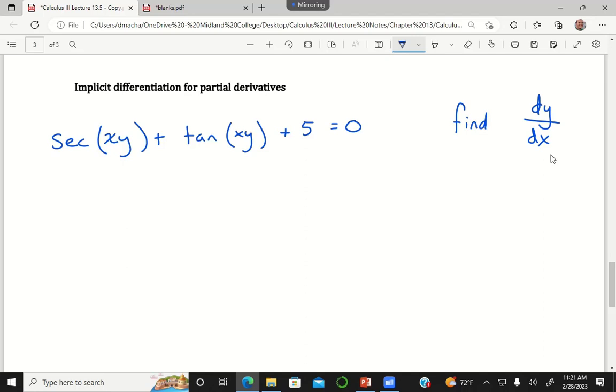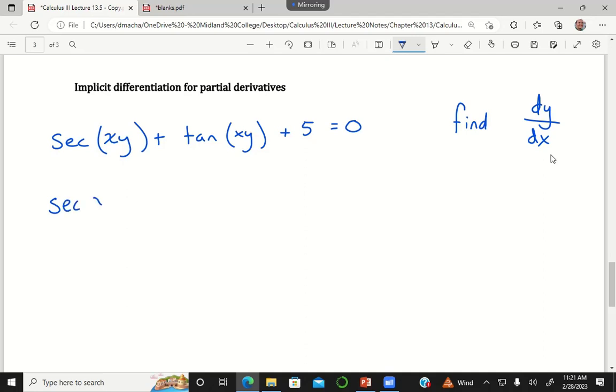So what's the derivative with respect to x of this first secant of xy? Do you know? We got x, going to be y secant tangent. Yeah. So the derivative of secant is secant times tangent, right?